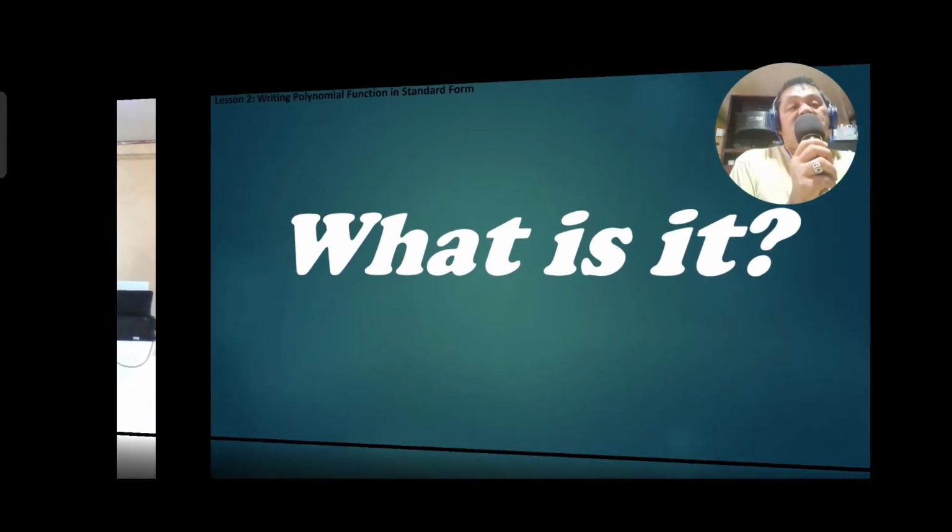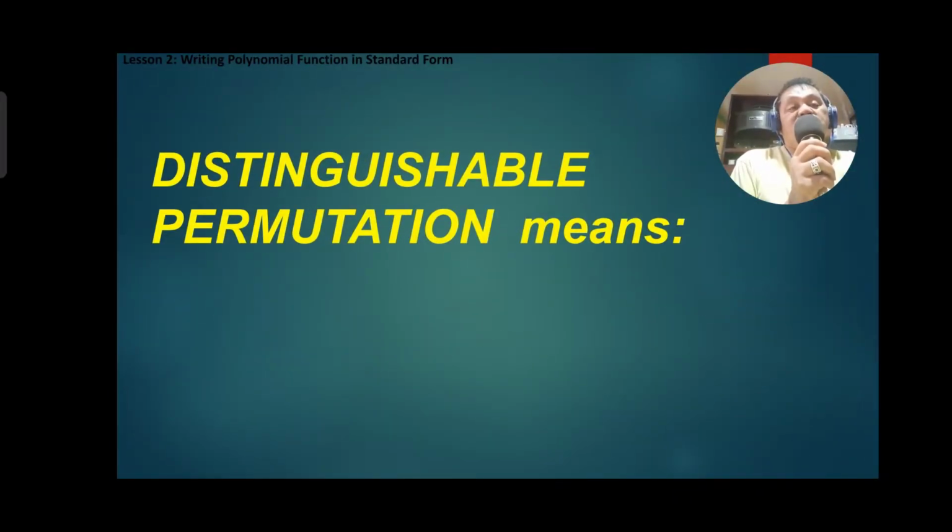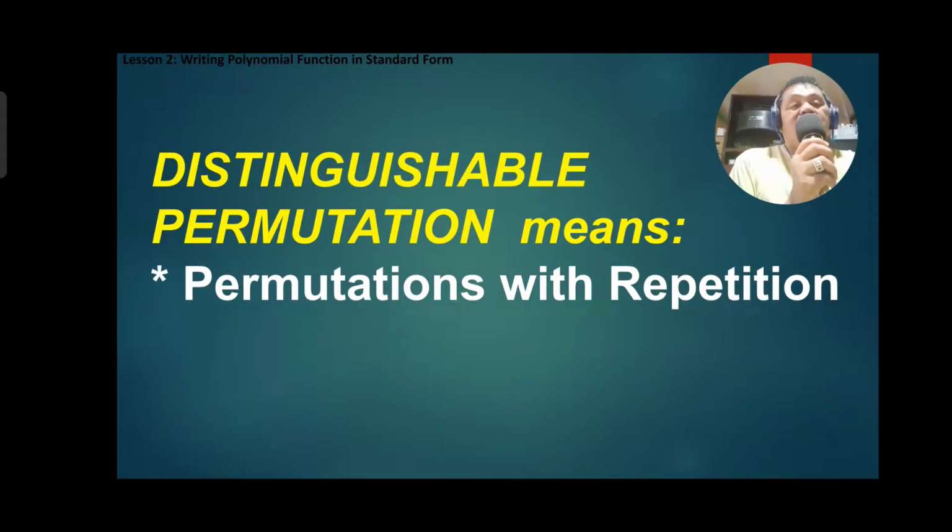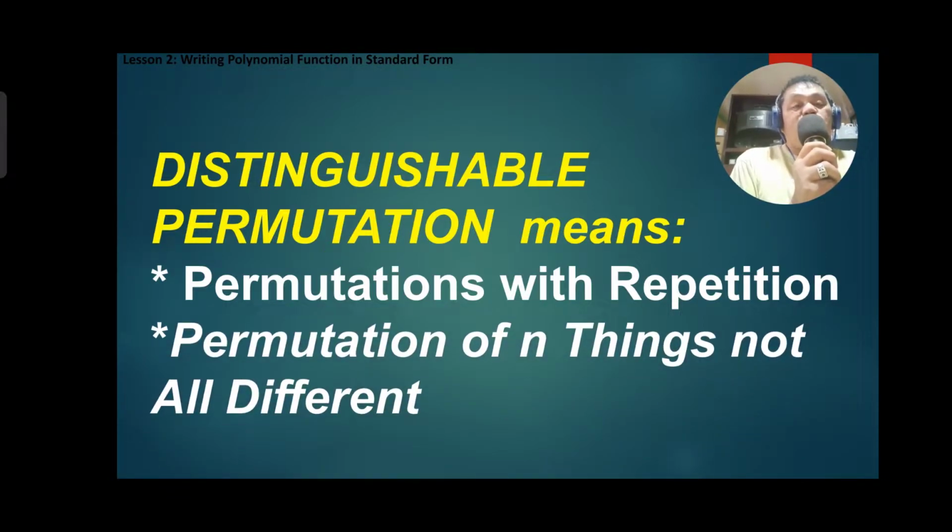So, what do you mean by distinguishable permutation? Distinguishable permutation means permutations with repetition. We have permutations of n things not all different.